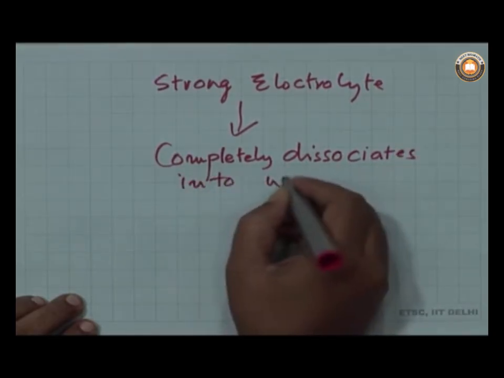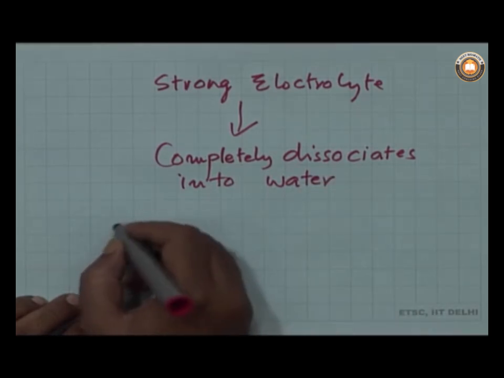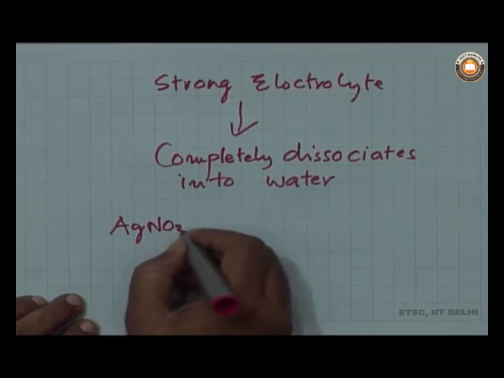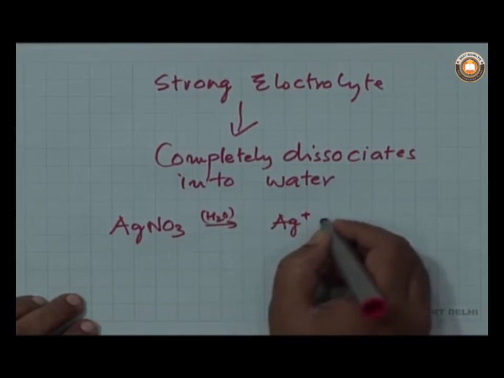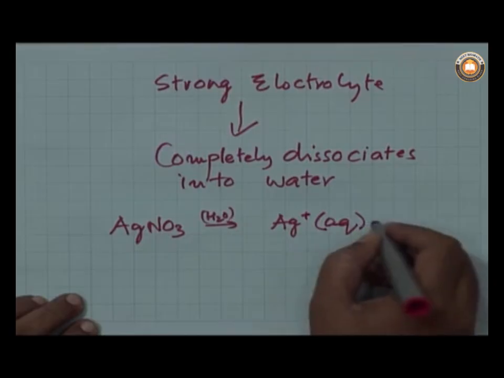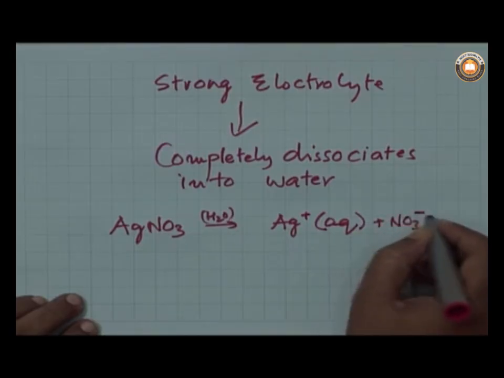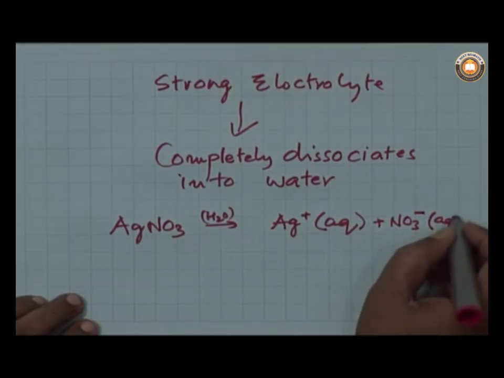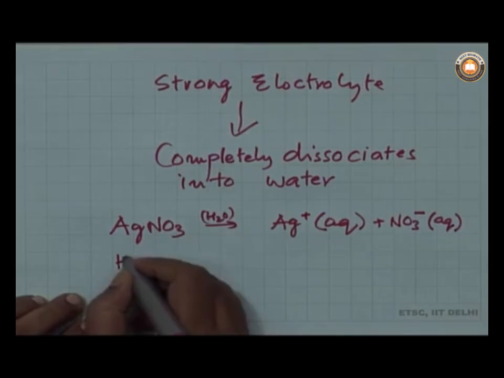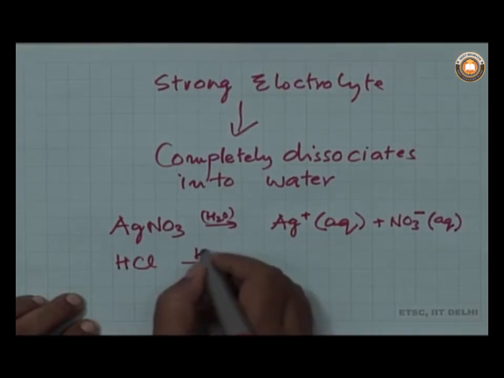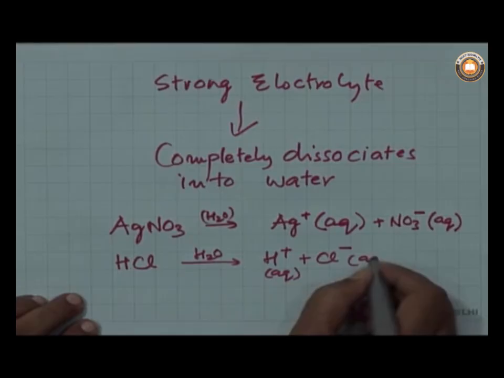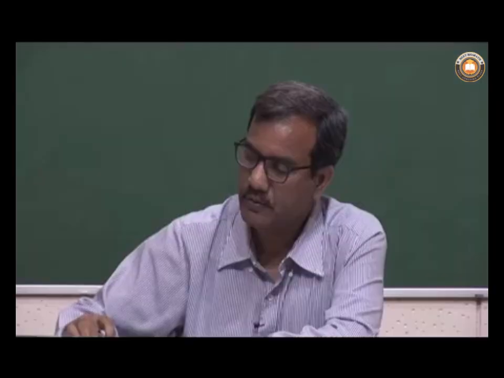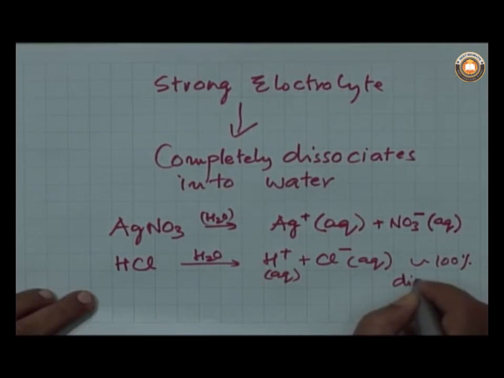For example, AgNO3 in water forms Ag plus, or HCl completely dissociates into H plus and Cl minus in aqueous solution. So, it is almost 100% dissociation.